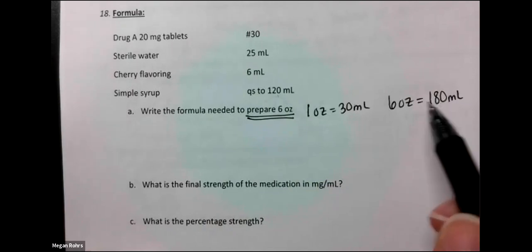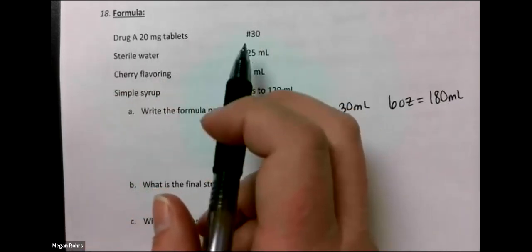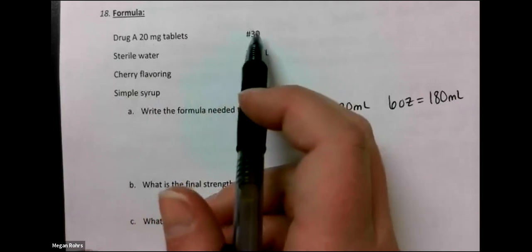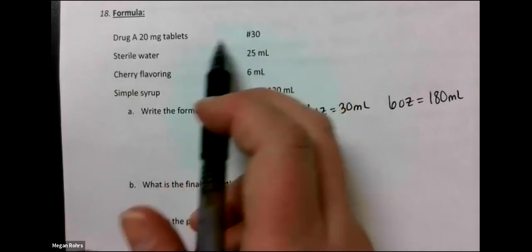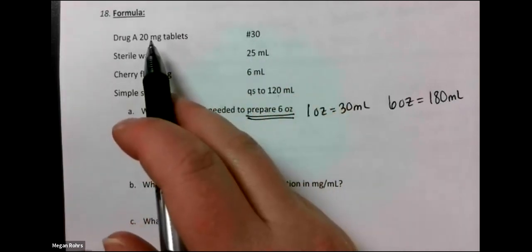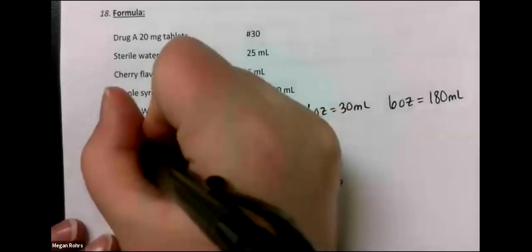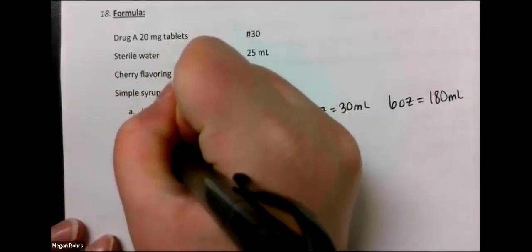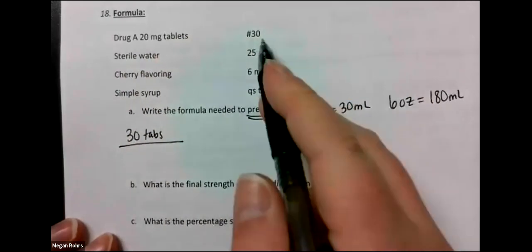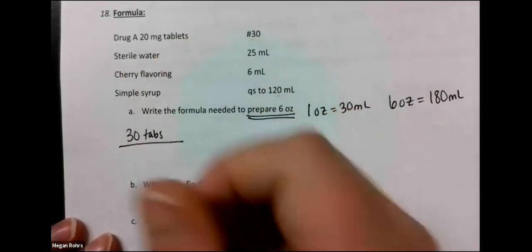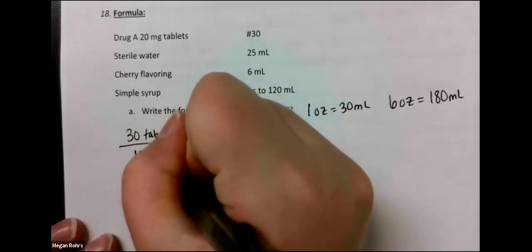So let's take a look at each ingredient here separately. Here I need 30 tablets of drug A. So I know that 30 tablets of drug A is in a total of 120 milliliters.